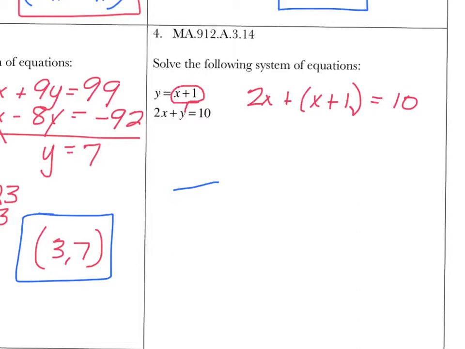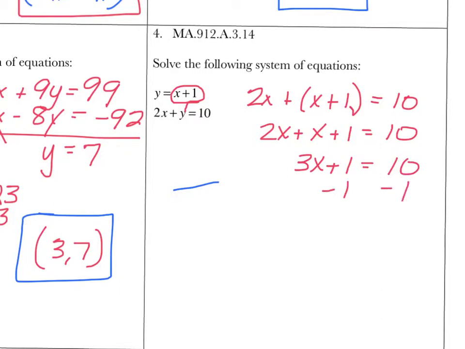When you distribute positive 1, you don't really change its value. So this is really 2x plus x plus 1 equals 10. 2x plus x is 3x. Subtract 1 from both sides. Divide both sides by 3 and you get x equals 3.